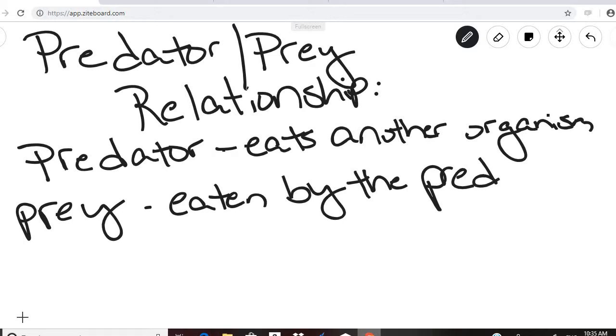Obviously, when we start talking about population, what's eating and what's getting eaten is going to affect the population. So we have to look at those relationships between predator and prey.